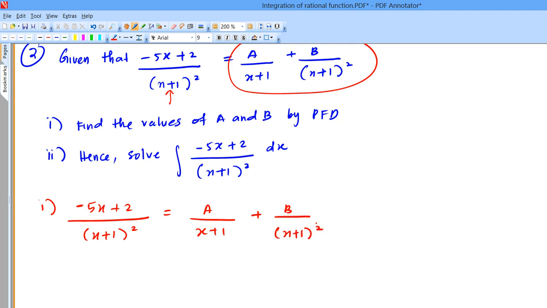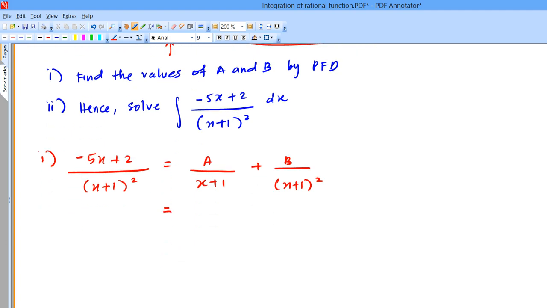And then to compare coefficients, the denominator at the right hand side must be equal to the left hand side. So we need to perform cross multiplication. For the first term, we can multiply with x plus 1. So a times x plus 1 plus b over x plus 1 square.